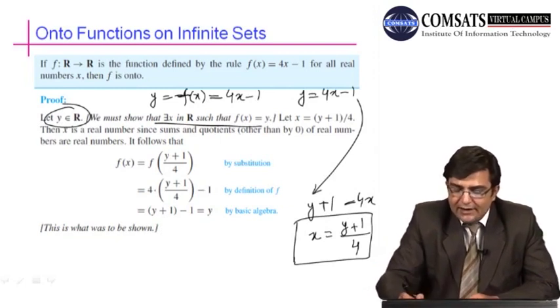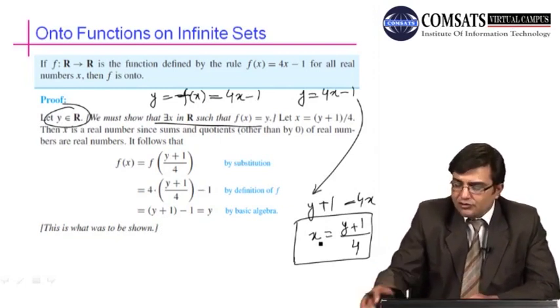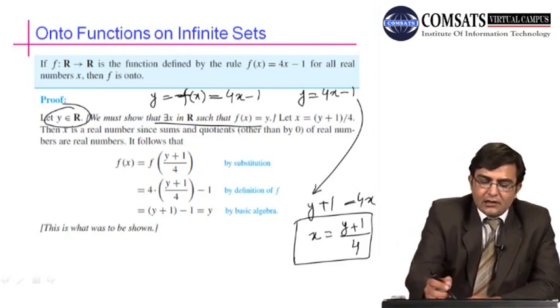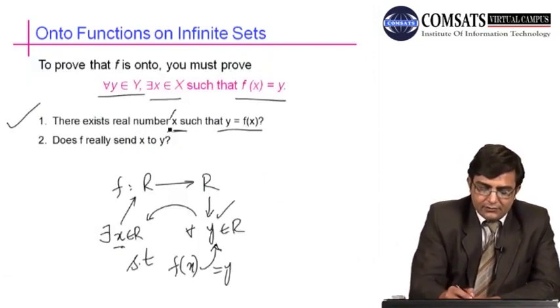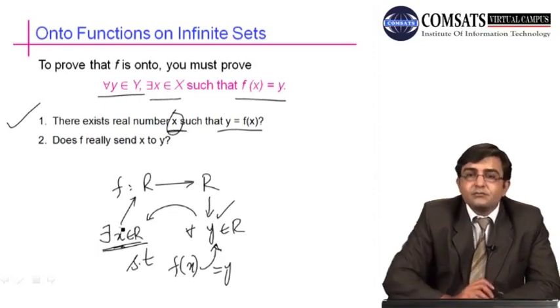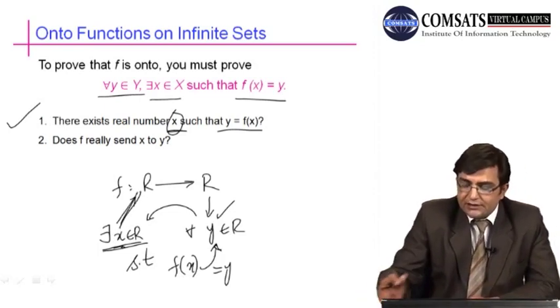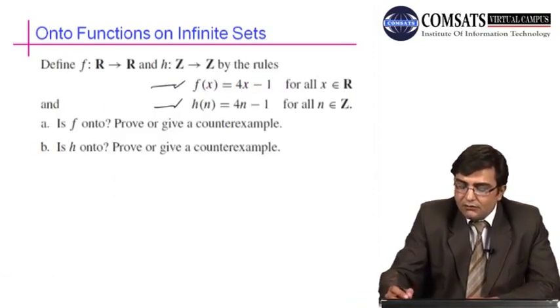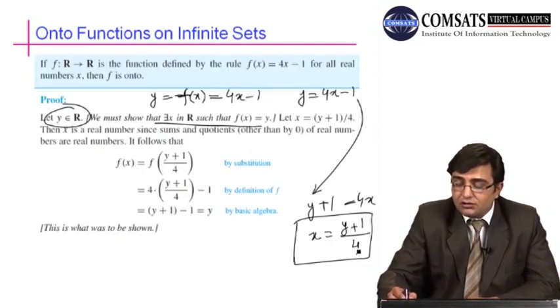Now whether this x is real or not, because we have to show there exists some x belonging to R, meaning x must be a real number. So whether this y plus 1 divided by 4 is real or not?